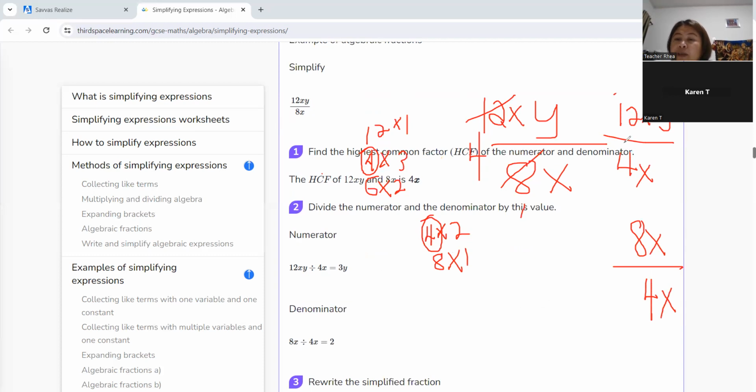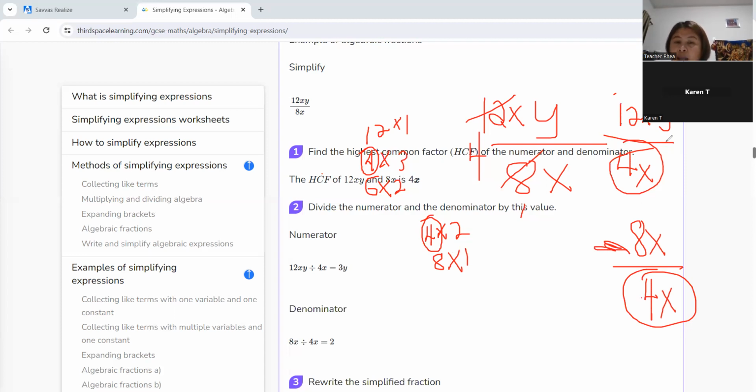So you need to divide using the highest common factor of 12x and 8x, which is 4x. So 4x, you divide the numerator by 4x and also the denominator by 4x.